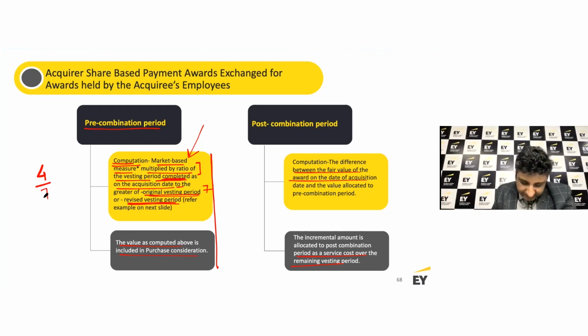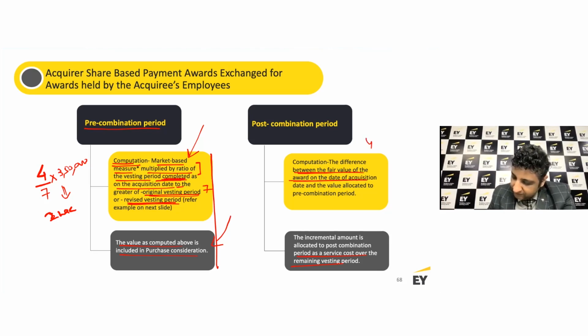So it means it is 7, and you look at that valuation. So this becomes, of course, 2 lakh rupees. And this value is included in the purchase consideration.